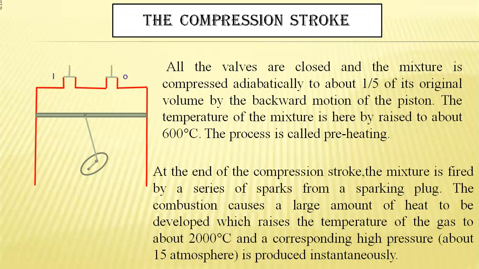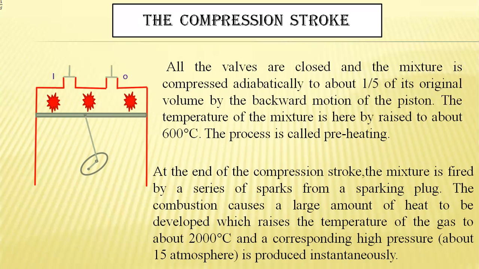Now, at the end of the compression stroke, here the pressure is very high due to the compression and the temperature is also very high. It's around 600 degrees Celsius here. At this high temperature and pressure, a series of sparks from a sparking plug is produced.